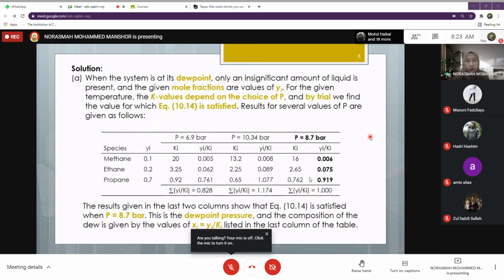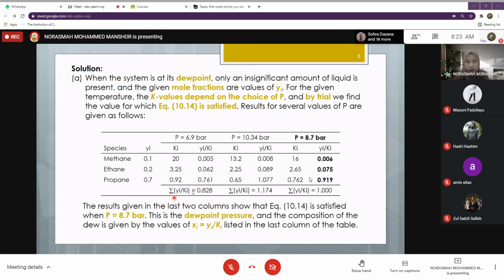For dew point pressure, only an insignificant amount of liquid is present, so the given mole fractions are the values for Yi. For the given temperature, the K value depends on the choice of P, and you can solve by trial and error using equation 10.14, summation Yi over Ki equal to 1.